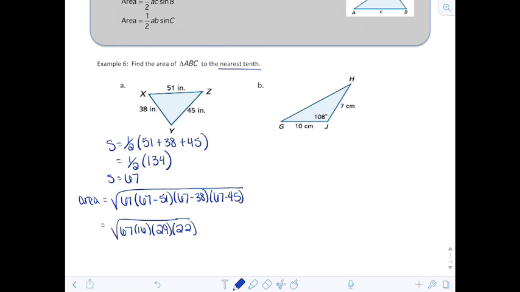And when we take the square root of that, the area will be 827 square inches.